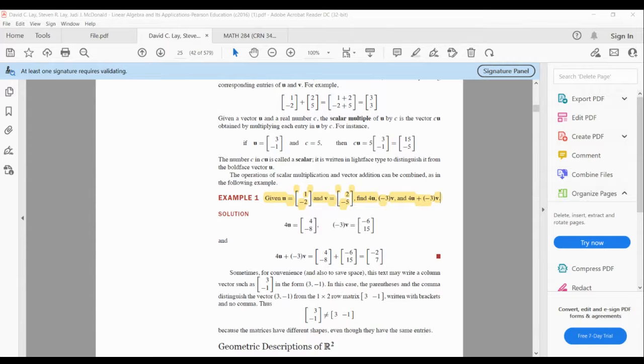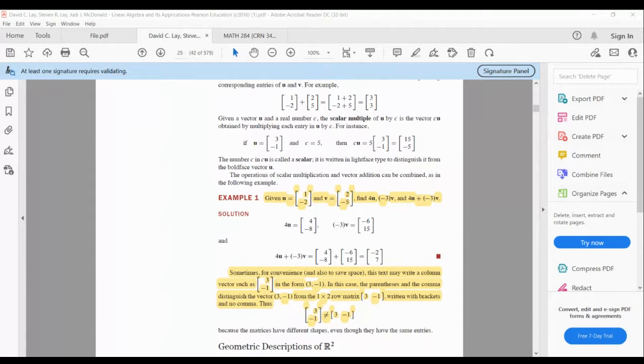All right, if you're good with that, they make rather an important comment here, that sometimes to save space, the text may write a column vector like 3, -1 in the coordinate form. In this case, the parentheses and the comma distinguish the vector 3, -1 from the 1 by 2 row matrix 3, -1.